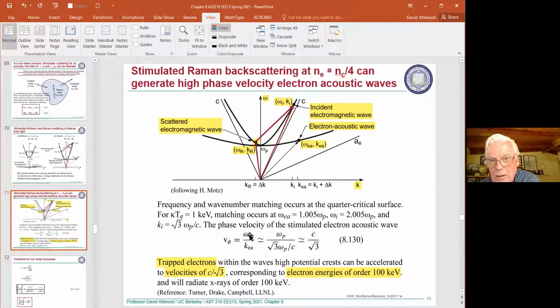Omega EA, you find, is roughly omega p, and k EA has this. It turns out that the phase velocity of this electron acoustic wave that you've launched at high intensity is c over square root of 3. It's a gigantically fast wave. And it's a high amplitude wave.